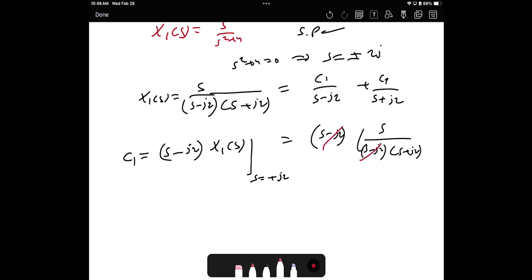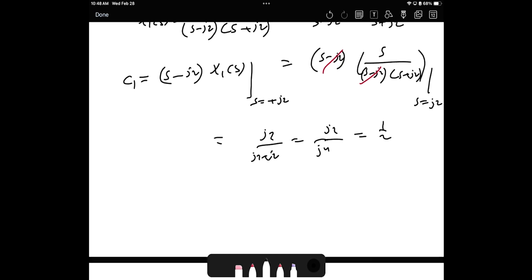The s minus j2 terms cancel each other, and we substitute s equal to j2. Then it will be j2 over j2 plus j2, which is j2 over j4. Then the answer will be 1 over 2. This is c1.